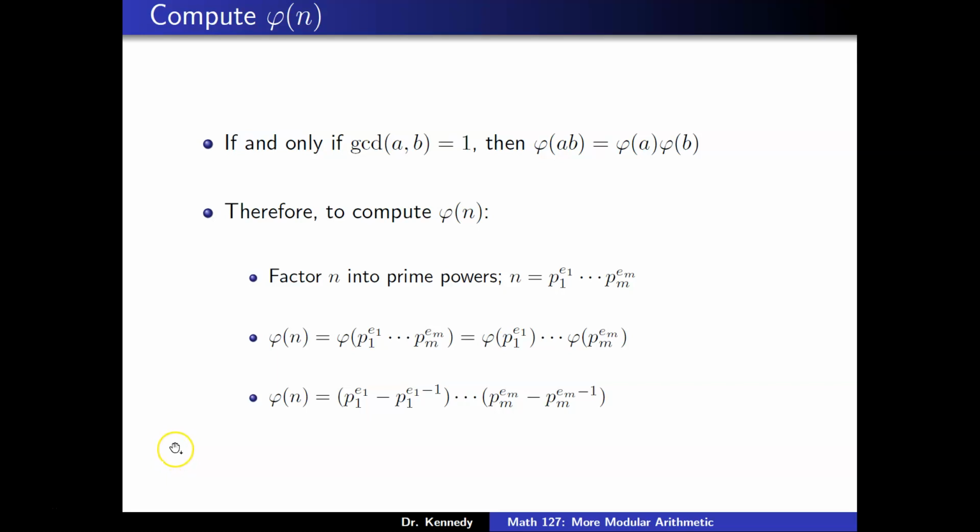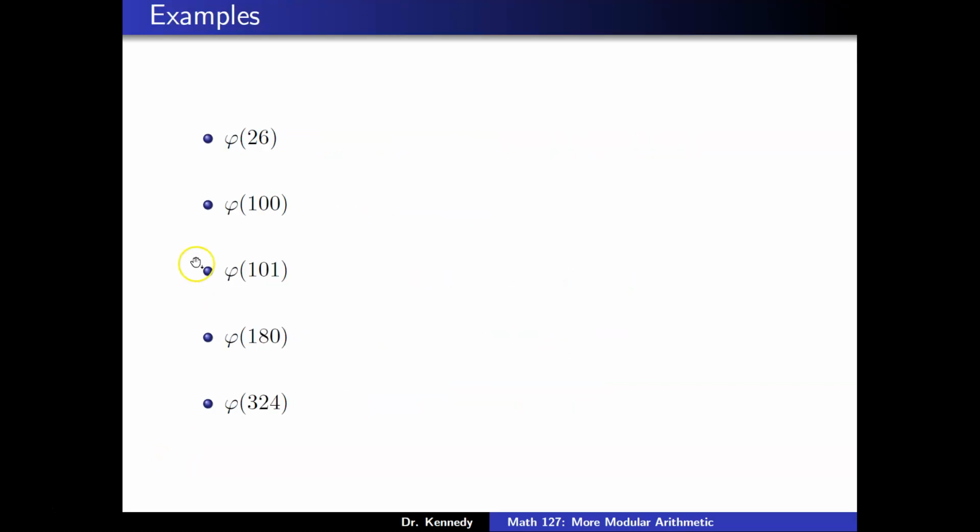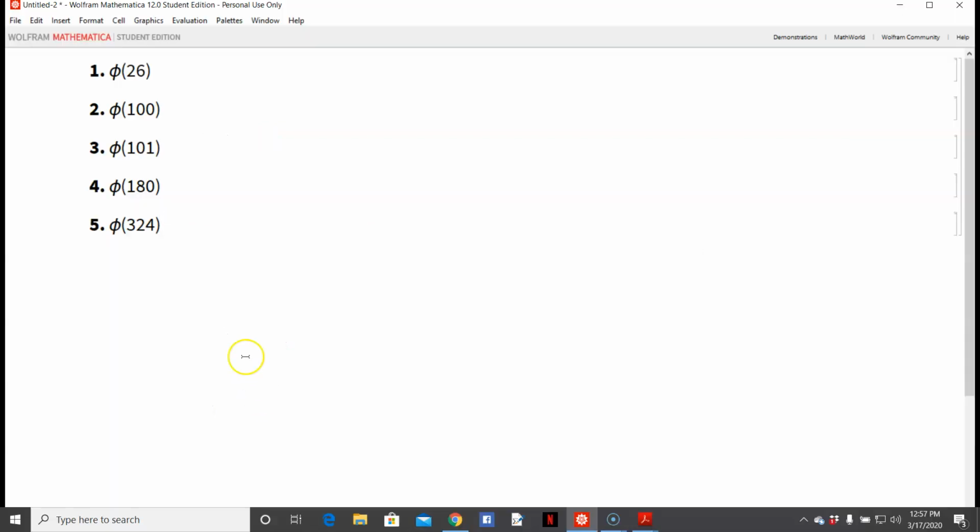Okay, that's a lot of formulas and so forth. I promise it's not that complicated. Let's look at some examples, namely phi of 26, phi of 100, 101, 180, and 324. Again, I'm going to just type this in Mathematica for convenience.